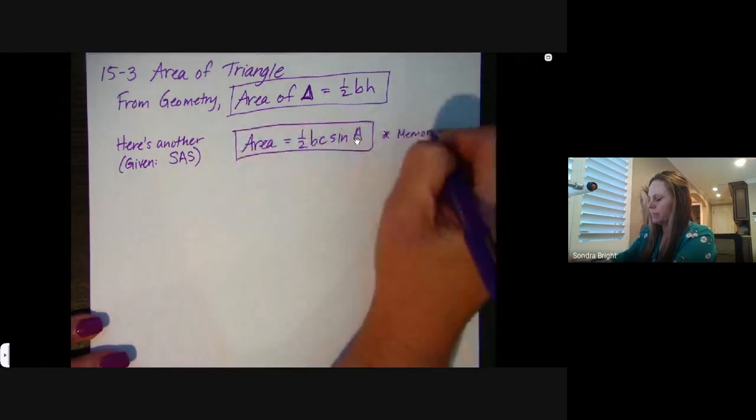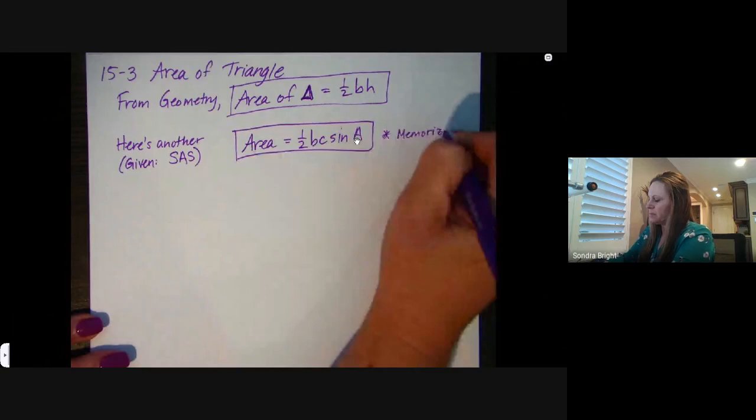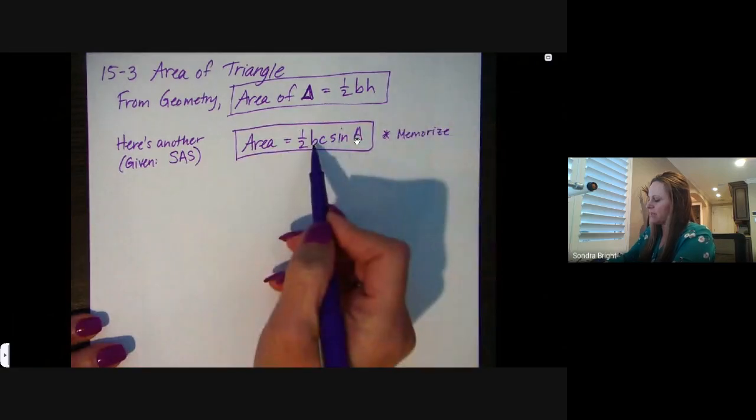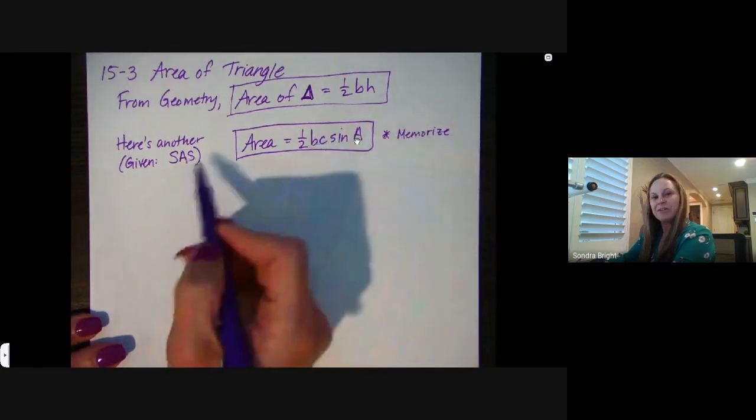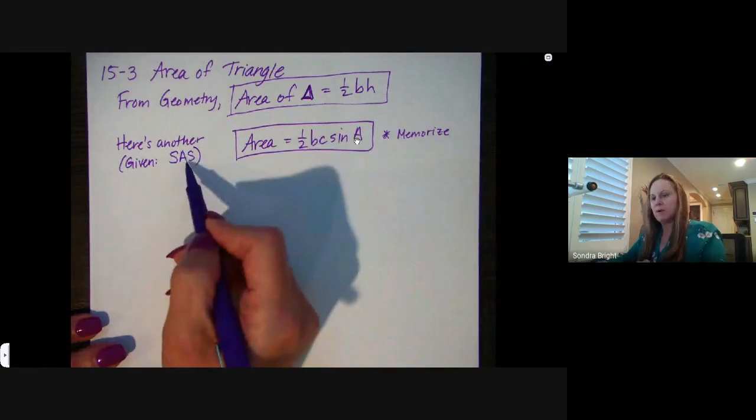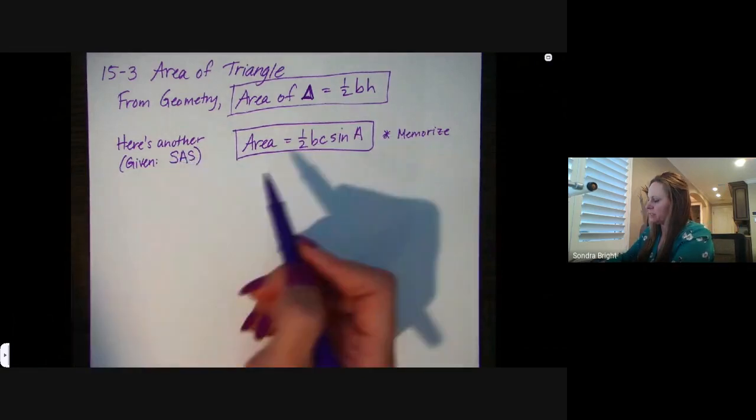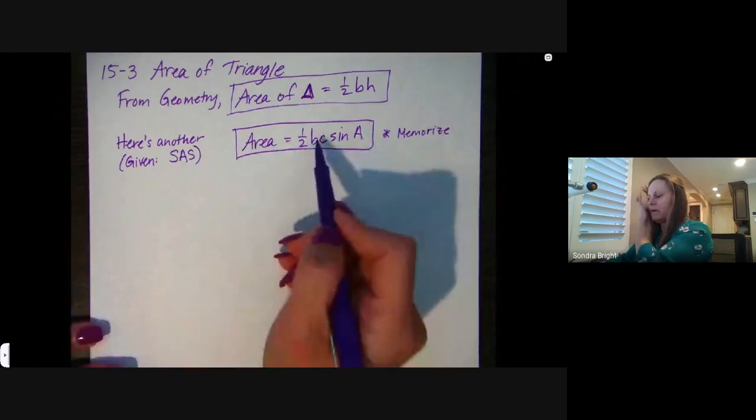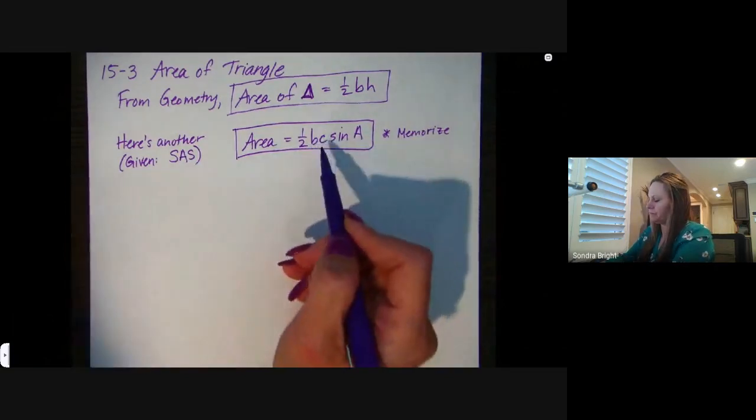So this is, remember, if they gave you a sassy triangle, they give you two sides and the angle in between them. And so that's why this A is a different letter. B and C are the sides, and A will be right in between them, right?